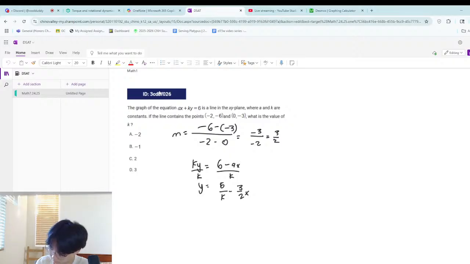Once you do that, a times 0 cancels out, so you're left with -3k equals 6. Divide both sides by -3, k equals -2. So the answer should be -2.